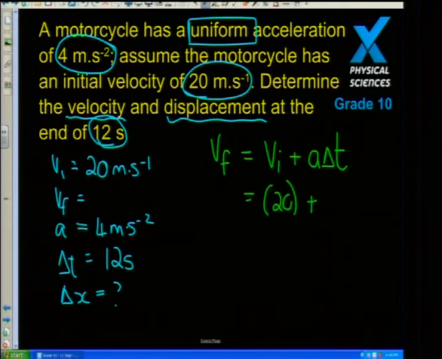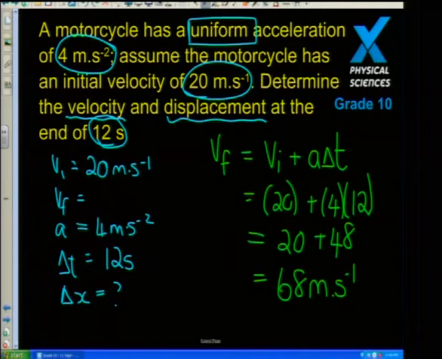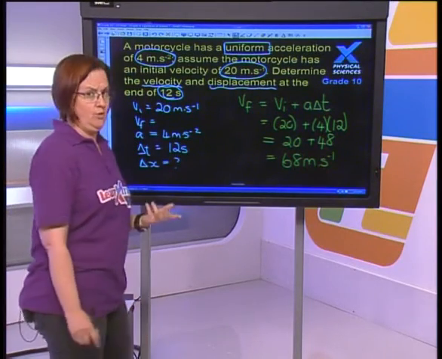A is 4. T is 12. 4 times 12 is 48. So we're going to have 20 plus 48, which gives me 68 meters per second. You pretty much could only use that equation at this point because we don't know x.